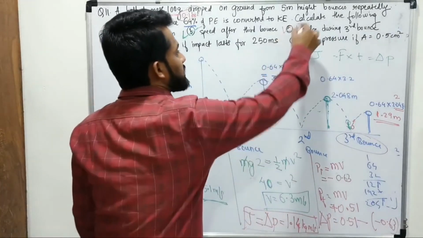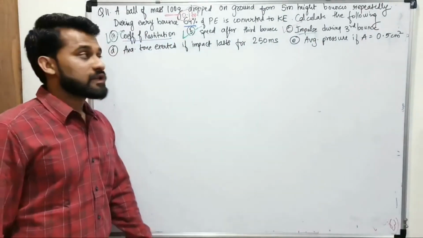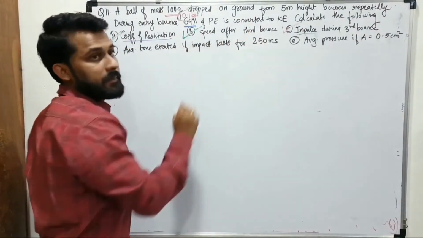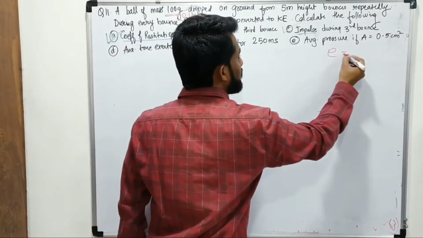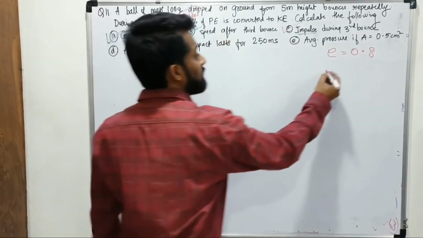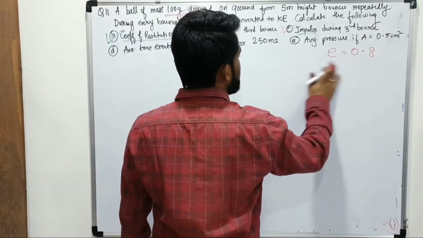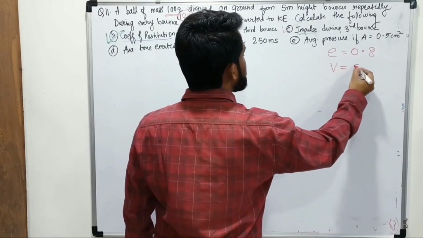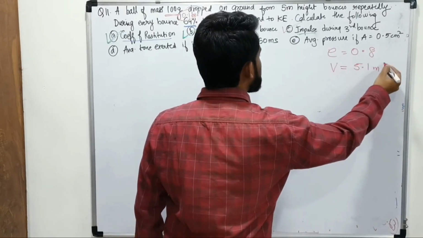This is the impulse. Okay, so till now we have solved first, second and third part. Coefficient of restitution was 0.8. It is unitless quantity. Speed that we have calculated, the B part, speed after the third bounce was 5.1 meters per second.